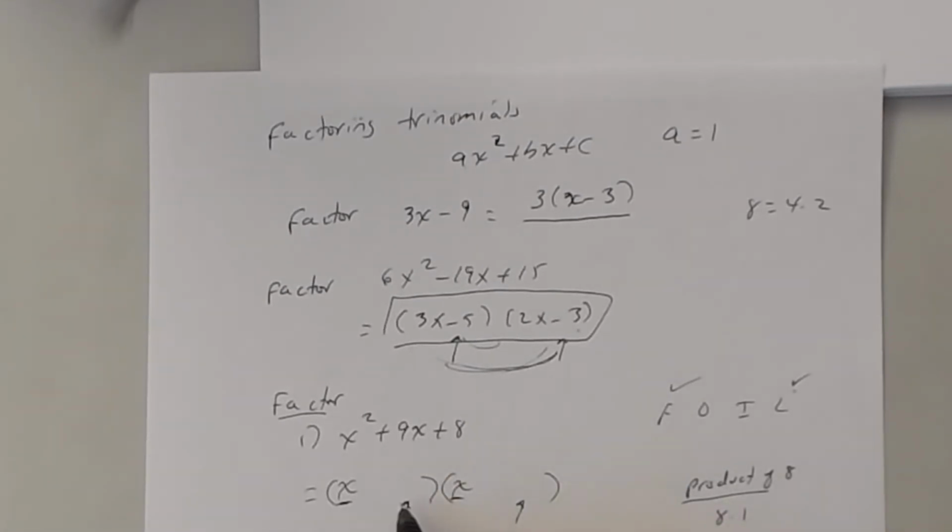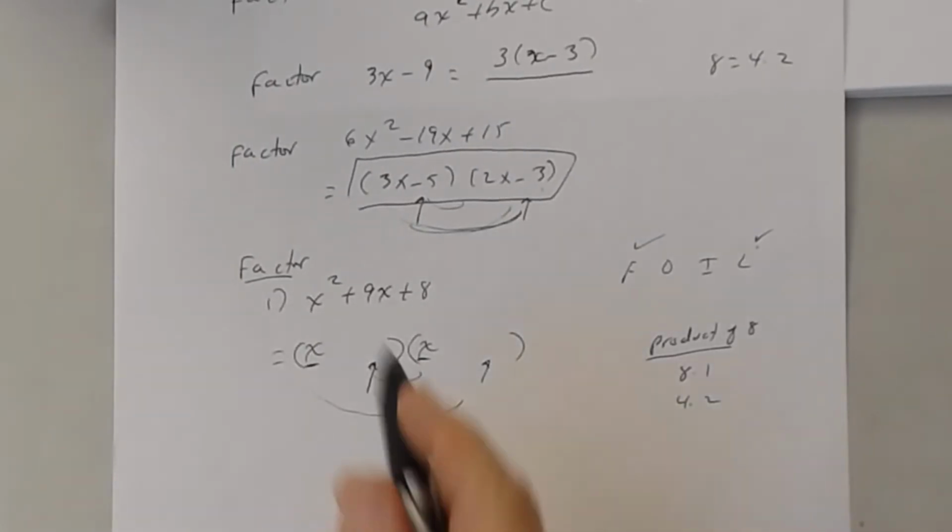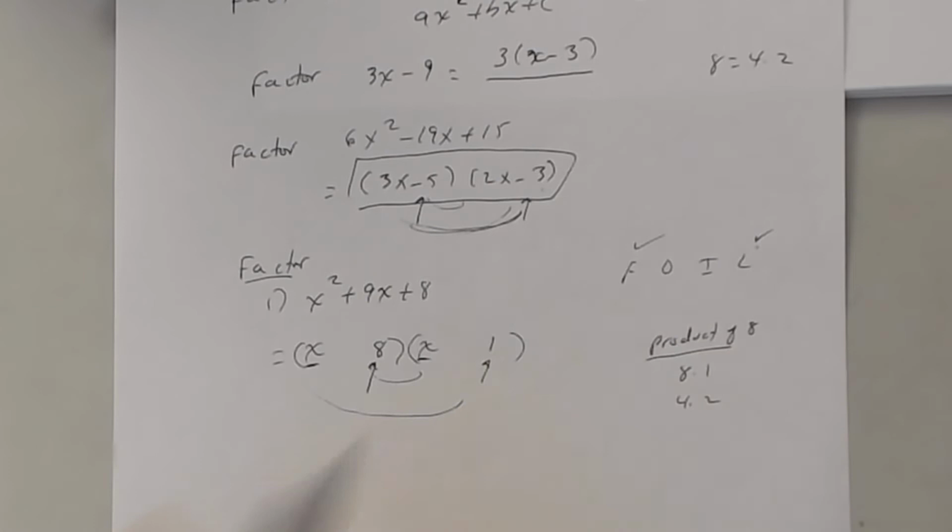So I want to find two numbers whose product is 8, and when I do the outer and the inner, their sum is 9x, or 9. Let's just do the coefficient for right now. Which of those do you think is going to work? 8 and 1. If I put the 8 here and the 1 there, it doesn't matter where you put it for right now.